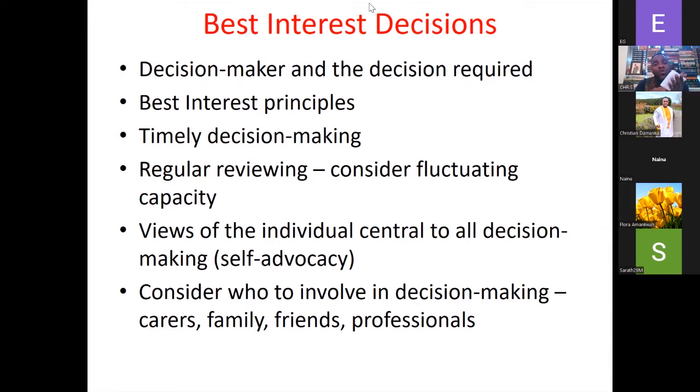But if there is no advanced decision, the next of kin will be consulted. And if the next of kin knows that there is no advanced decision, they can take a decision in the interest of the person. This is where finance and property are not involved. We are talking about health exclusively, for example.